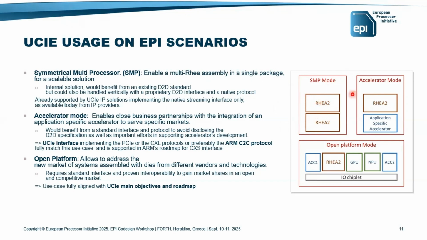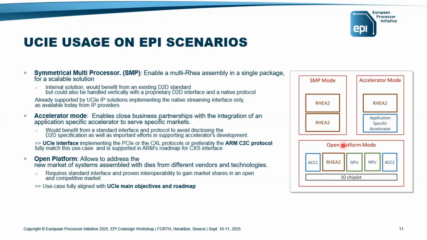The second use case is the accelerator mode, to enable the integration of an application-specific accelerator to the rear chip. Then the UCIe interface, which implements both PCI Express and CXL, is a match, and preferably for us, in the case of rear, the Arm chip-to-chip protocol is also a good match for this usage.